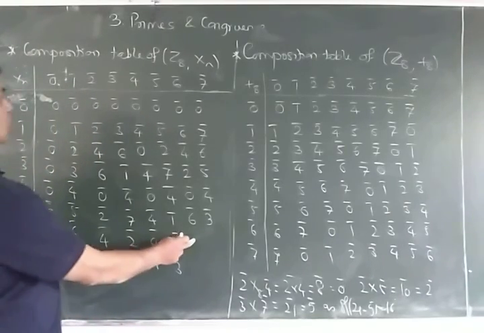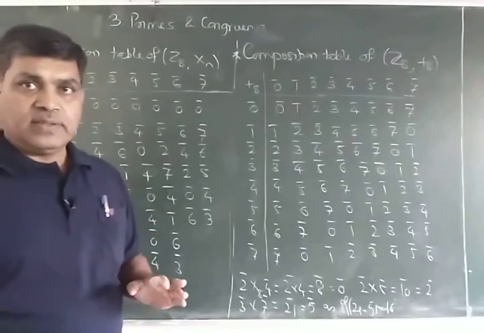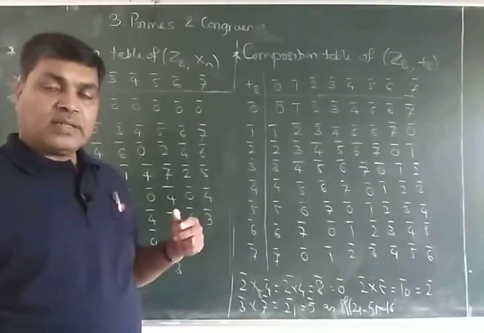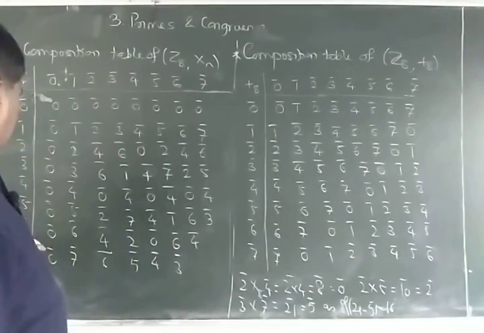Then 6 into 6 is 36. 36 divided by 8, 8 4s are 32, the remainder is 4.